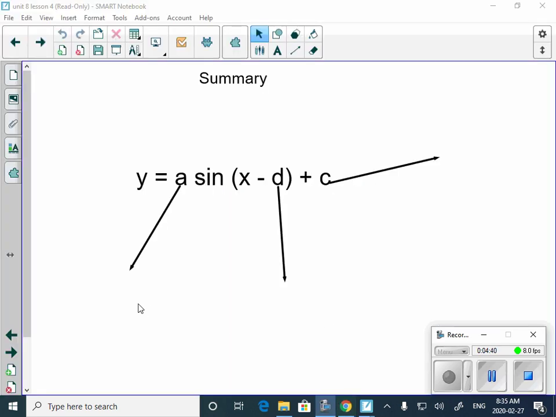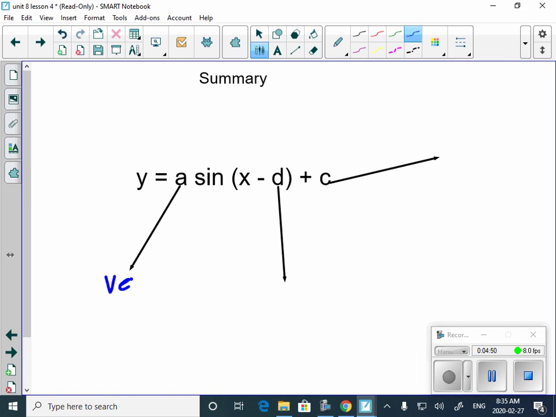So in summary, the very same transformations that we've had on other functions apply. If I have an a value at the beginning, at the front of my function, that's going to be a vertical change. It's being multiplied, so that will be a vertical stretch.